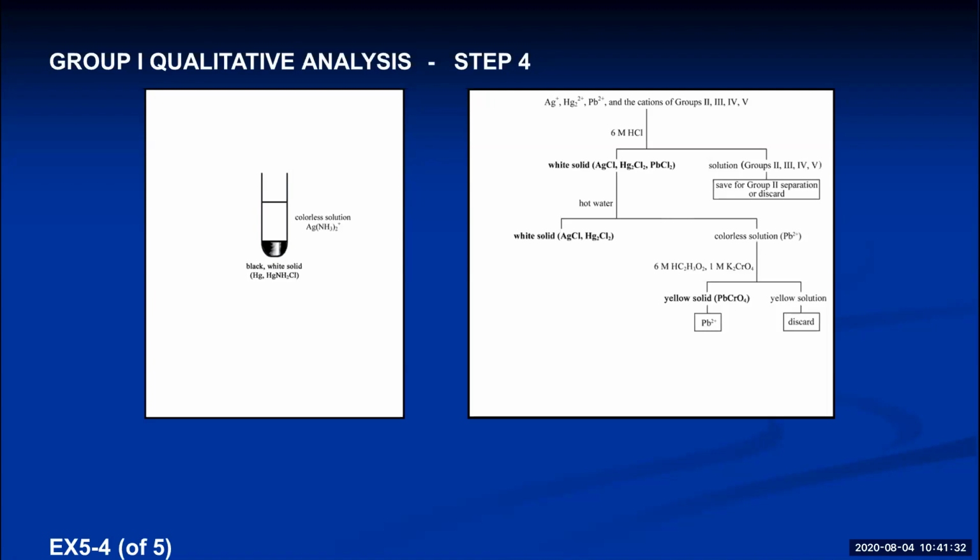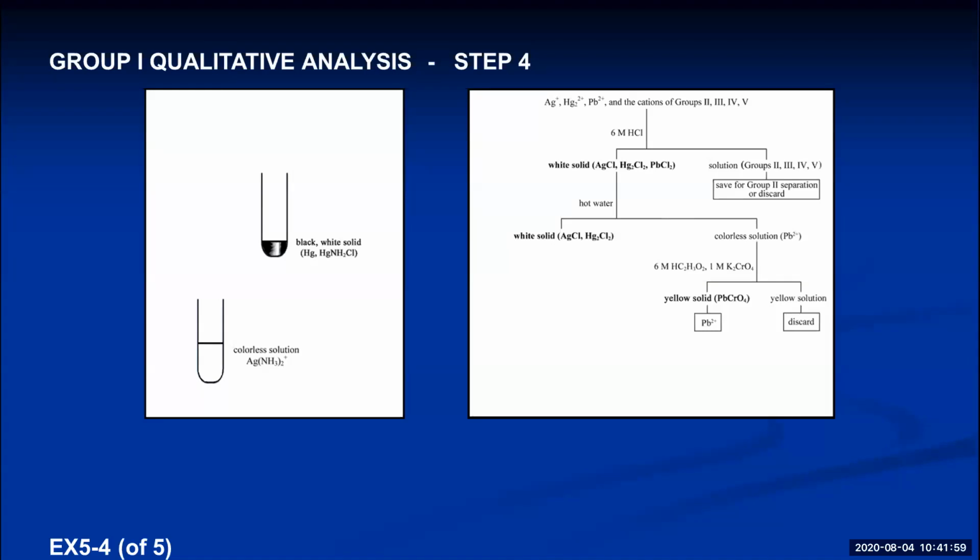So we now have a way to separate the silver from the mercury by adding the ammonia. And if you then suck out the solution at the top with a micropipette or a capillary pipette, we have separated the solution on the bottom left, which contains the silver ions in that complex form, from the black and white solid, which is our mercury. If you see that black and white solid form, that is definite proof that mercury had to be present.